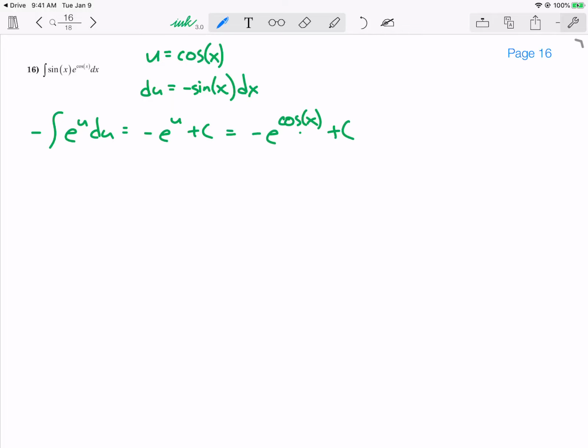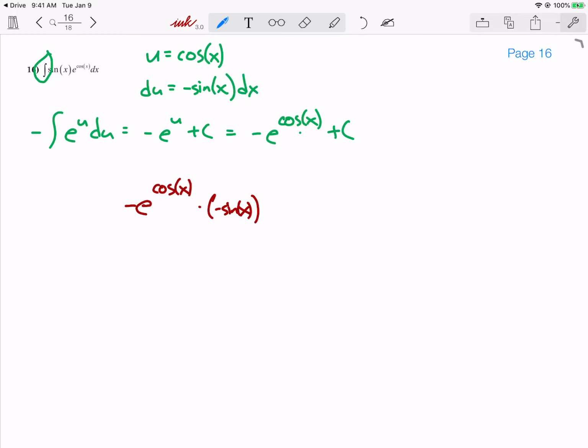I didn't mention it before, so I should probably say it now, but remember that whenever you have an indefinite integral, that is, there are no limits here, you should always just take the derivative of your answer to see if it's correct. So let's take the derivative of this. Well, the derivative of e to the something is just the same thing times the derivative of the exponent, which in this case is negative sine of x.